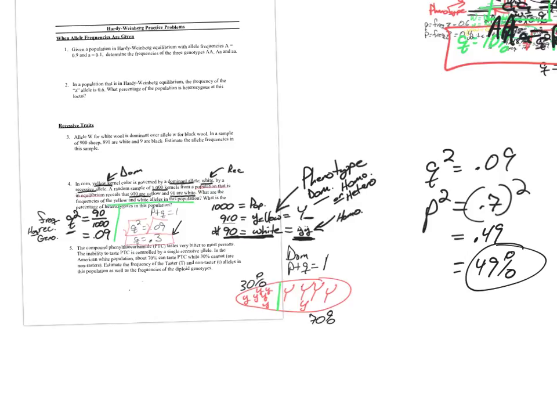In the red, right here. That's the frequency of the recessive allele. We took q squared and took the square root of both sides, and that gives us what q is. Where did we figure out the frequency of the P allele?